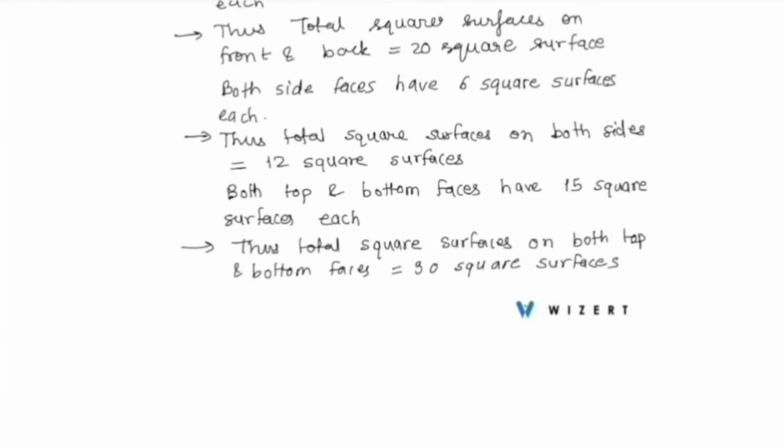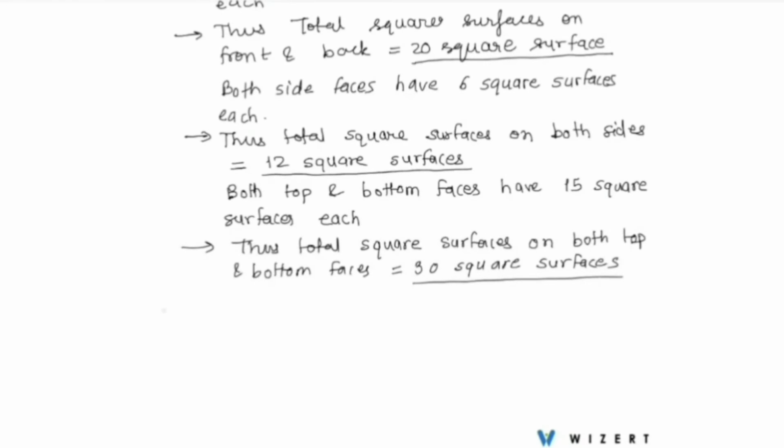Now all we have to do is add all the square surfaces together to find how many total number of square surfaces we have. So there are 20 square surfaces on front and back, 12 on both sides and 30 on top and bottom. Therefore, total square surfaces is equal to 20 plus 12 plus 30, which is equal to 62 squares.